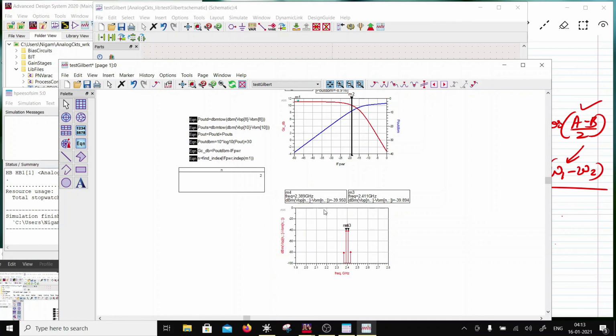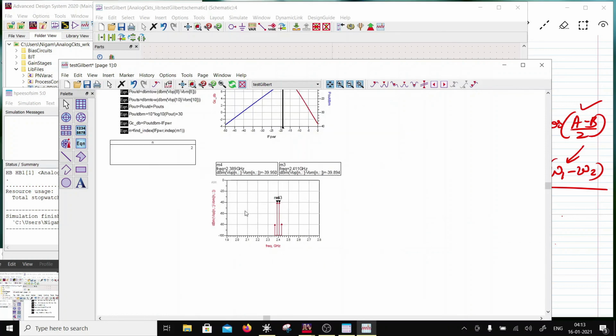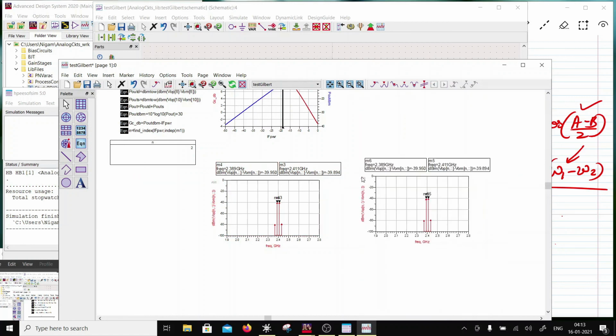So in time domain I want to display this, right? So I will just copy this one, Control C, Control V, and here instead of dBm I'm going to do a TS, isn't it?